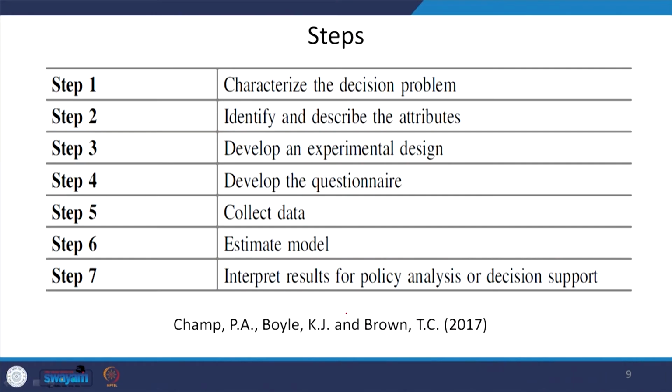The first one is characterizing the decision problem, or identifying the problem itself. Then the second step is identifying and describing the attributes, then developing an experimental design, developing the questionnaire, then collecting the data, estimating the model, and once the model is estimated, interpreting the results for policy analysis and decision making purposes.